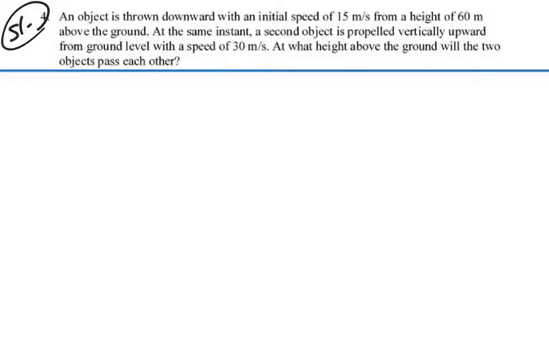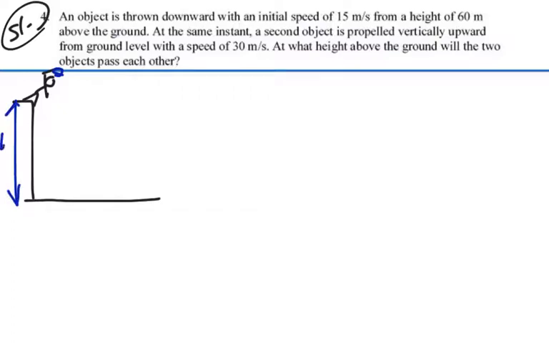Good question. So here's our situation. We have somebody throwing an object down, and this total height right here is 60 meters. And they're going to throw this down like this. So for object number 1, we're going to have an initial speed of 15 meters per second.